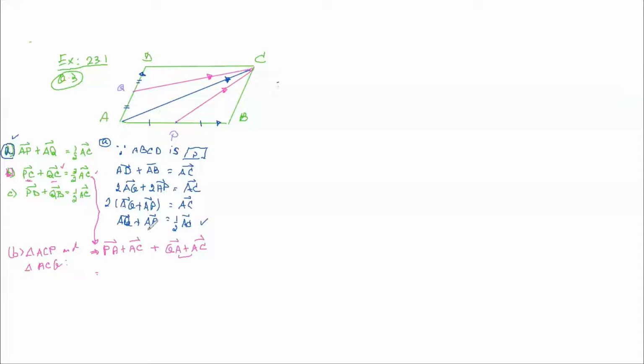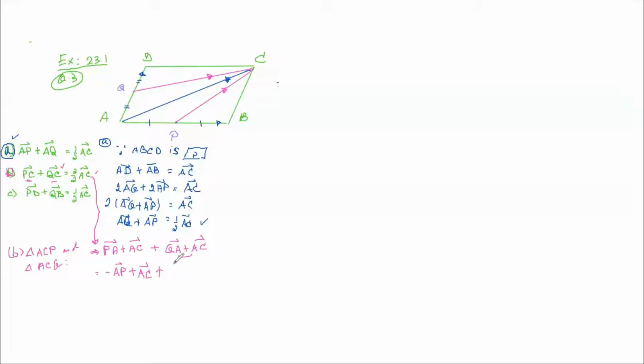So I can swap direction, right? So it's going to be negative. This is AP, but I have this one PA. So it becomes negative vector AP, plus AC I will keep, because I want the AC vector. So I keep AC, don't change anything there.